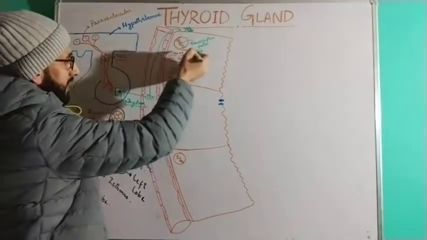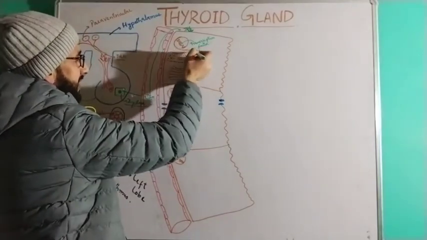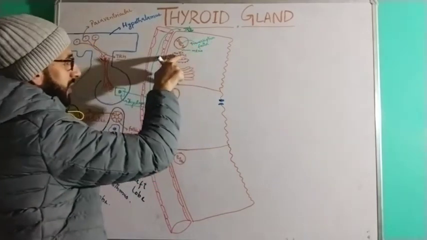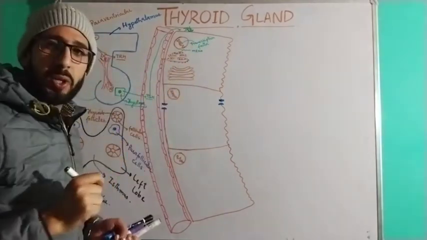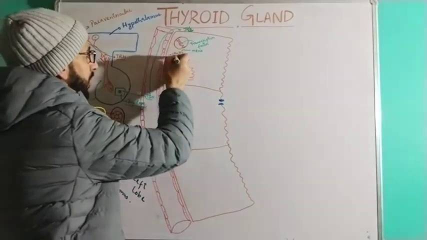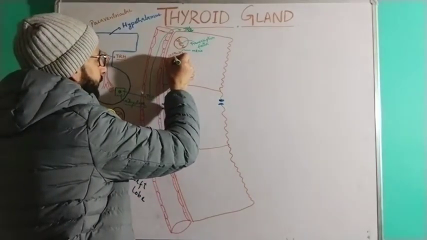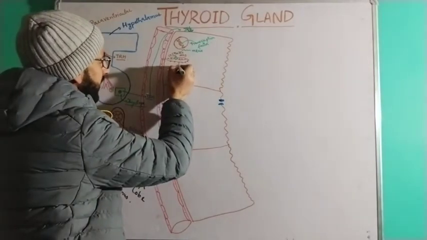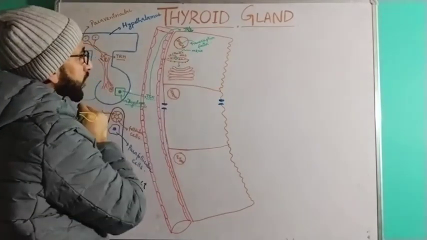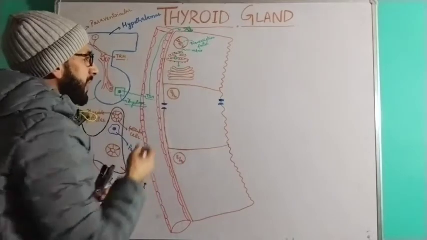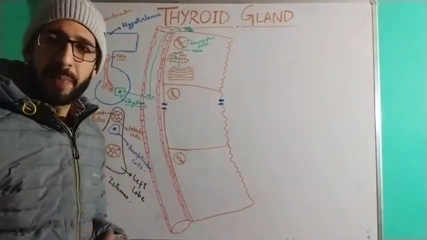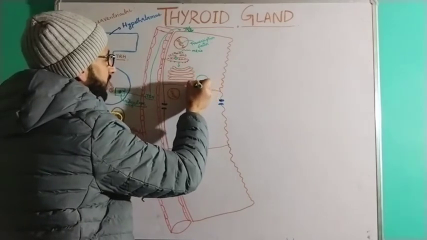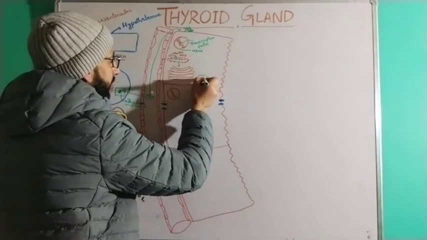When this mRNA is synthesized, it will bind to the ribosomes present on the rough endoplasmic reticulum, and that will lead to the formation of a protein. That protein will then go to the Golgi apparatus of this follicular cell, where there will be further modification and packaging of that protein. Now that protein we have in the form of a vesicle right here.